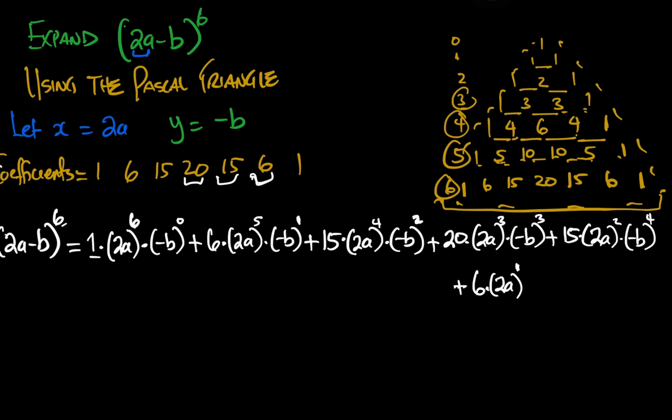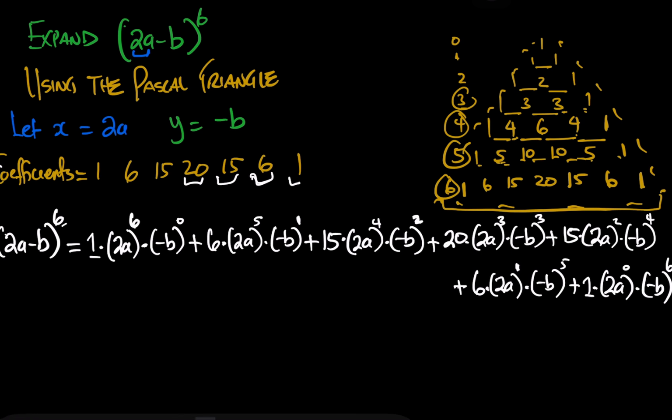It descends from 2 to 1. Multiplied by our negative b, which is our y, and that goes up to 5. Plus, the last coefficient is 1. So we have 1 multiplied by our x, 2a, to the power 0, and then the y, which is negative b, goes to the highest degree, which is 6. And then we begin to solve this particular problem. Can you see that?